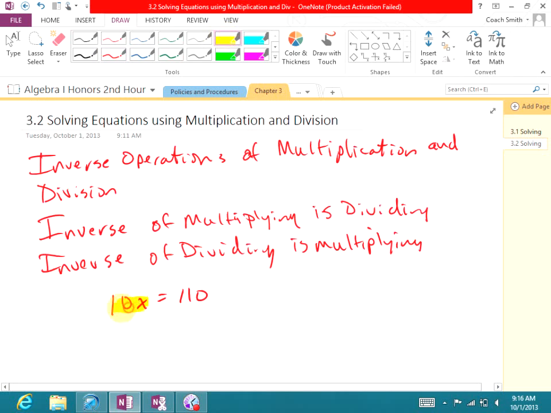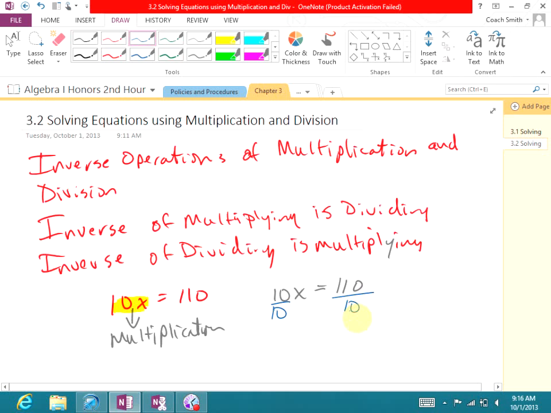Okay, here, this is multiplying. Okay, so to solve that problem, I have to divide both sides by 10.